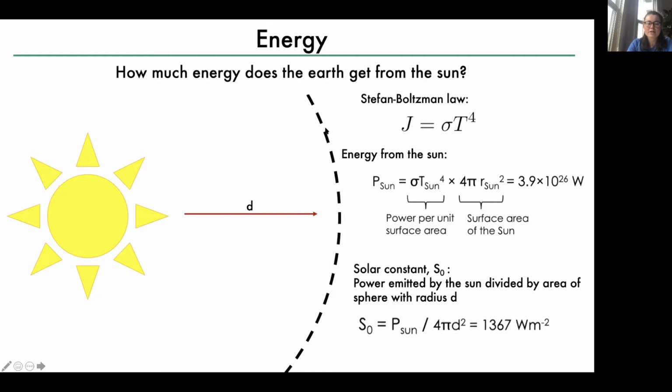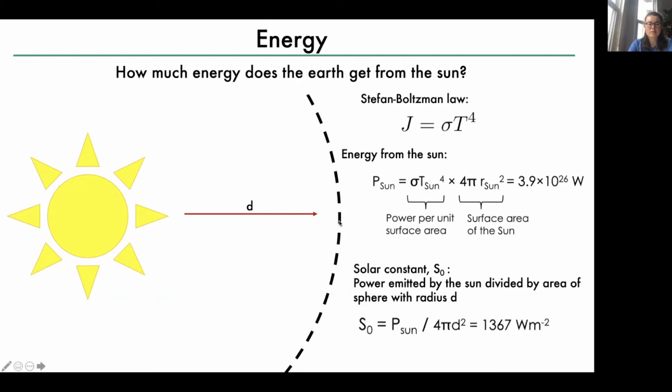So how much energy is getting to this distance here, this distance d, which is the distance of the Earth from the sun? So we'll take the power of the sun and we'll divide it by the surface area of the sphere that has a radius d.